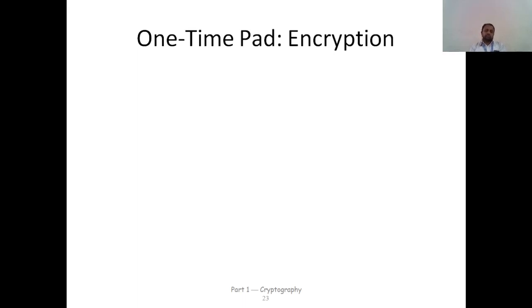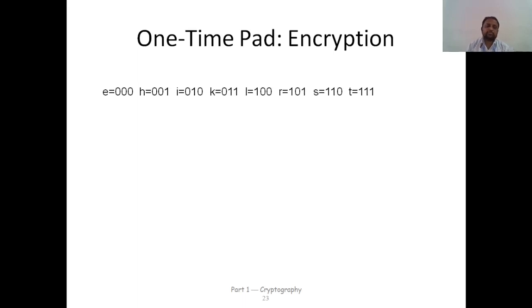Based on those binary numbers, we will be using the respective key. For each letter, we will be using one key value, which is also in binary, and we will perform an XOR operation between each letter and key, and after that we get the cipher text. This is the concept in one-time pad.